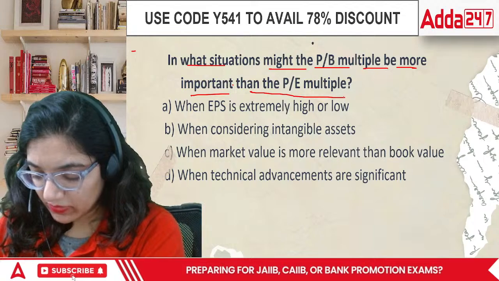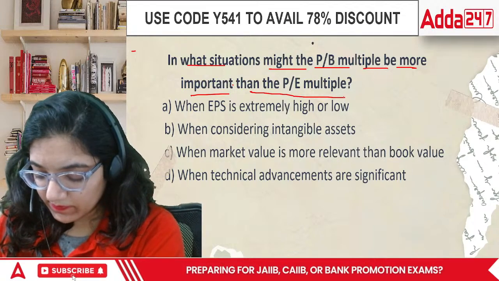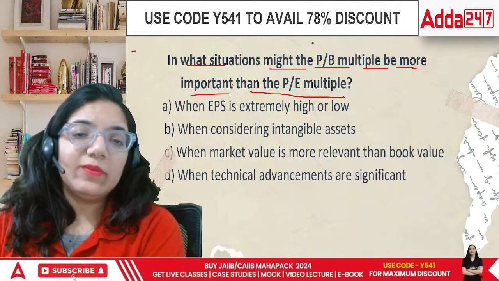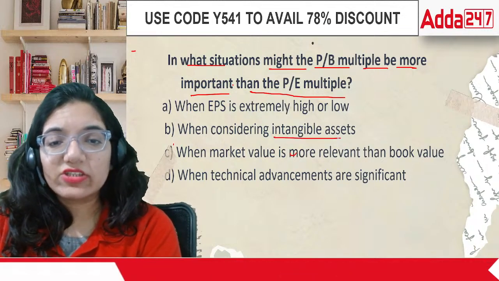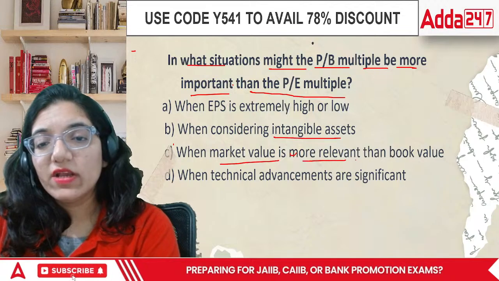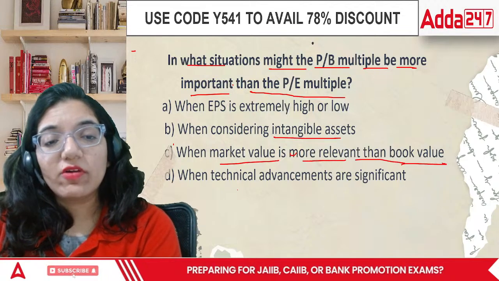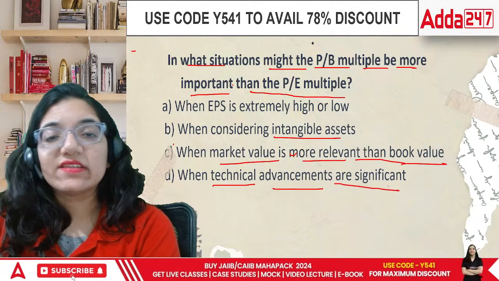What would be the answer, everyone? When EPS is extremely high or low, or when considering the intangible assets, or when the market value is more relevant than book value, or when technical advancements are significant.